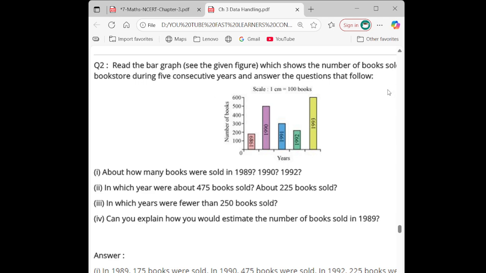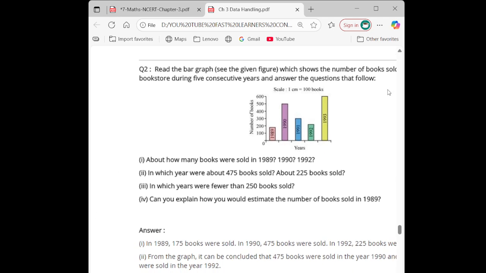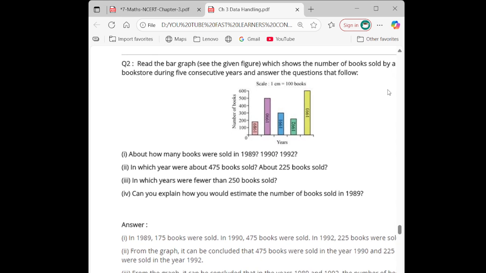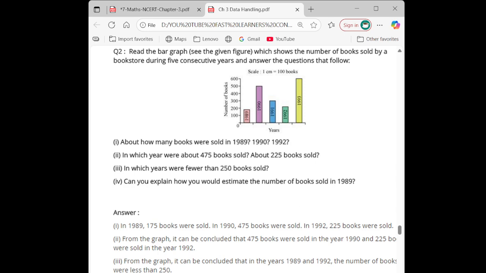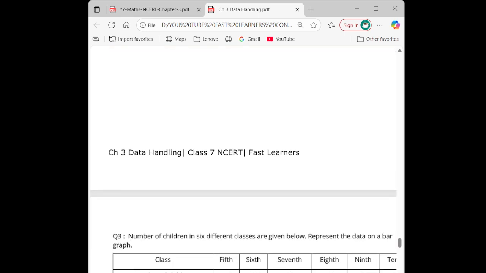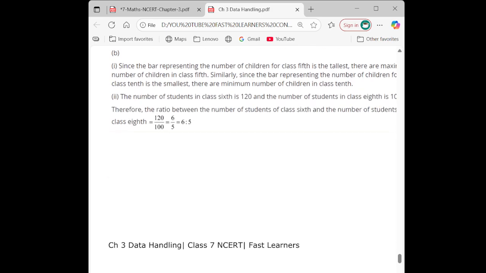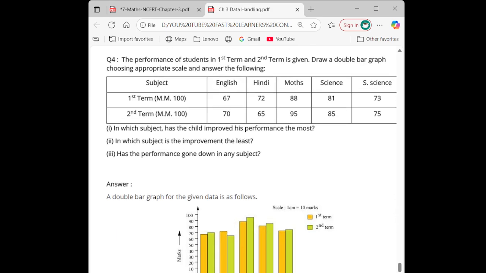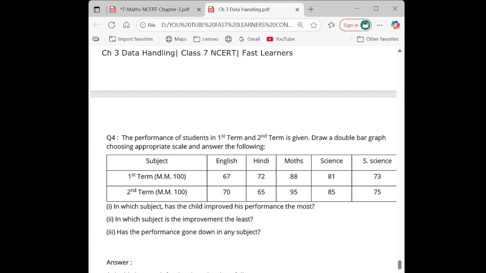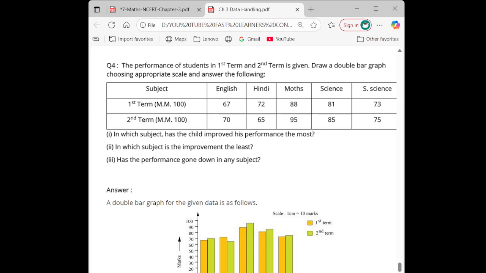See that how many books are sold by a bookstore, and as per the graph you have to answer these questions. So all these are the same kind of question. I'm not explaining it to you. You can just go through the question answers and copy them.